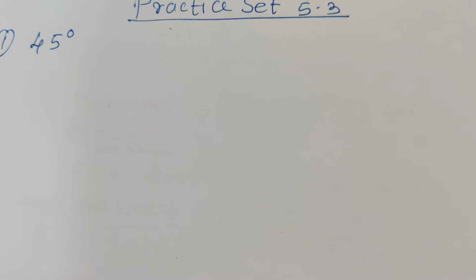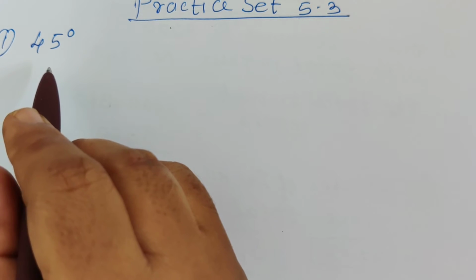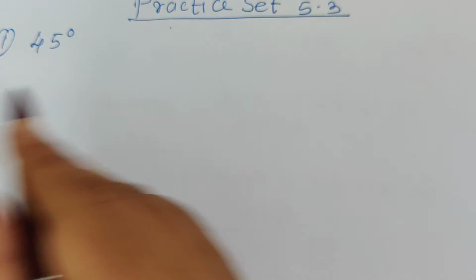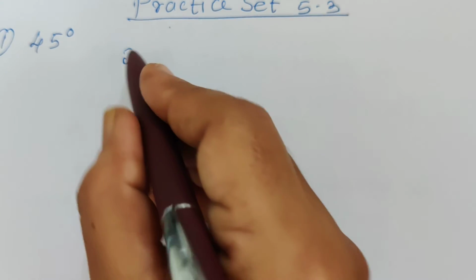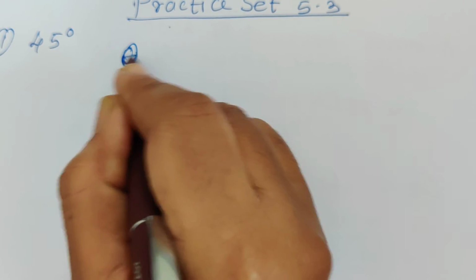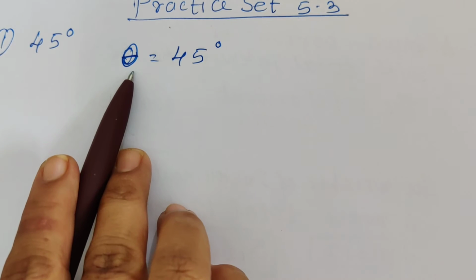In the question it is said, angle made by the line with the positive direction of x-axis. So here theta is equal to 45 degree. You can copy down the part of the question. I am writing here directly. Theta is equal to 45 degree. Which theta?